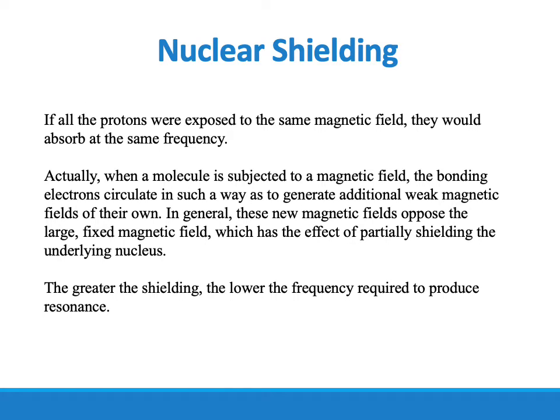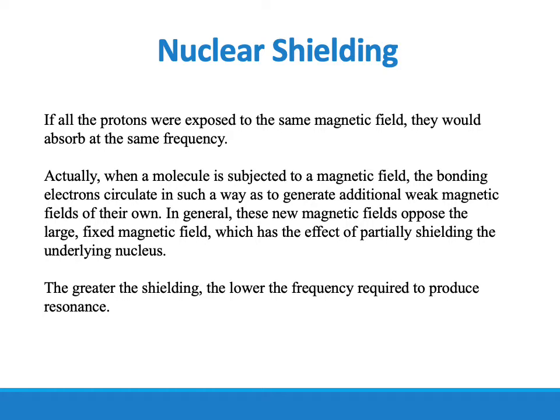So here we have a term that we call nuclear shielding. If all the protons were exposed to the same magnetic field, they would absorb at the same frequency. Actually, when a molecule is subjected to a magnetic field, the bonding electrons circulate in such a way as to generate an additional weak magnetic field of their own.